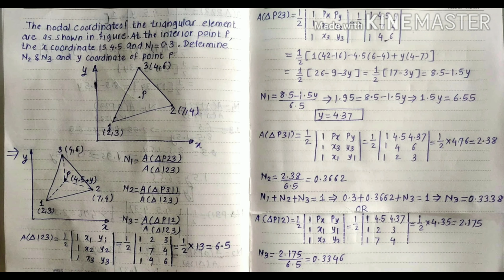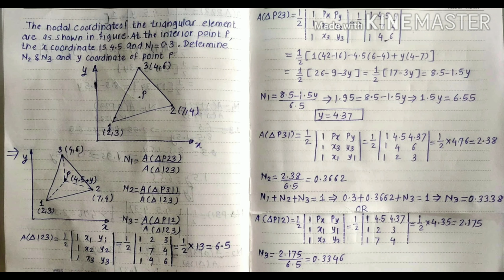Now I will calculate area of triangle P23. So is equal to 1 by 2 into mod of 1 px py, 1 x2 y2, 1 x3 y3. So is equal to 1 by 2 into mod of 1 4.5 y, 1 7 4, 1 4 6.